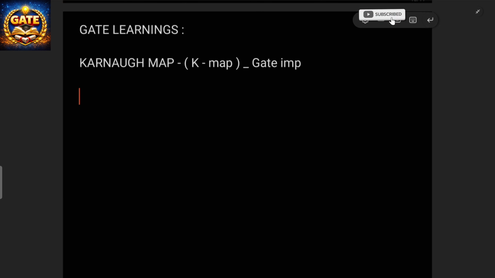If the Boolean expression is huge, directly implementing it will be costly. So using this K Map, we reduce the Boolean expression into a simpler version, so that when we implement it in logical gates, the number of gates used will be less, and the cost will be effective. So let's get to the topic.